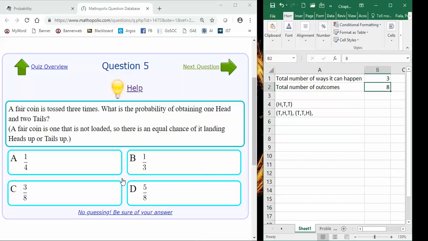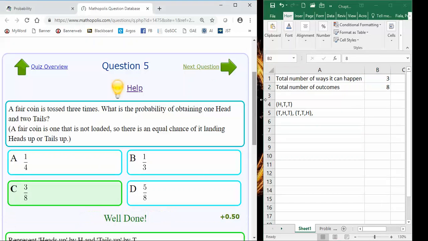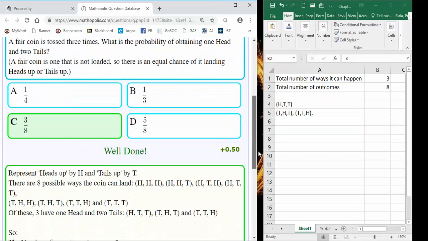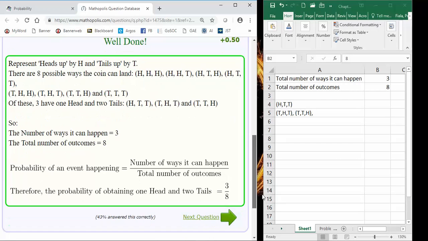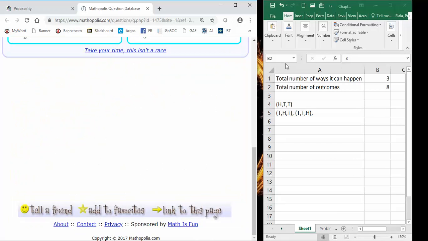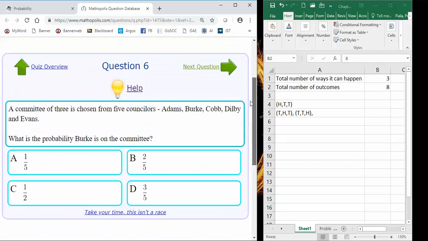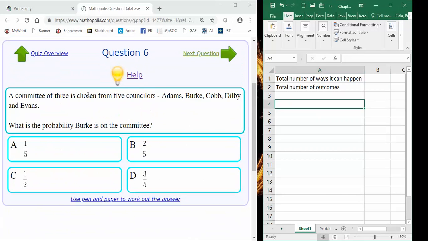So my answer should be right here: 3/8. There you go. Exactly. So there are three outcomes out of 8. Perfect.